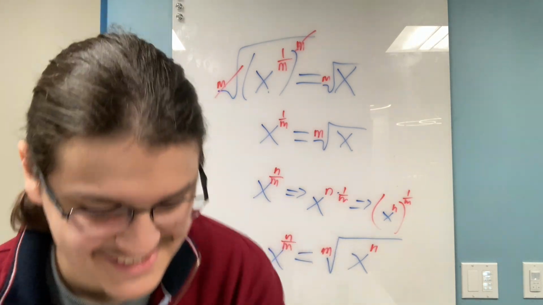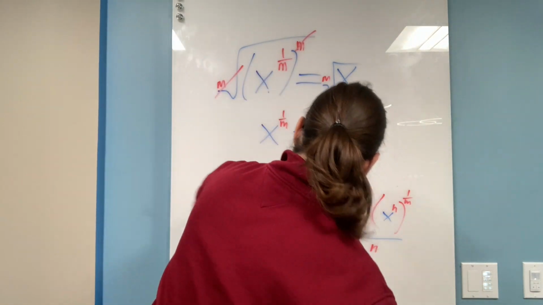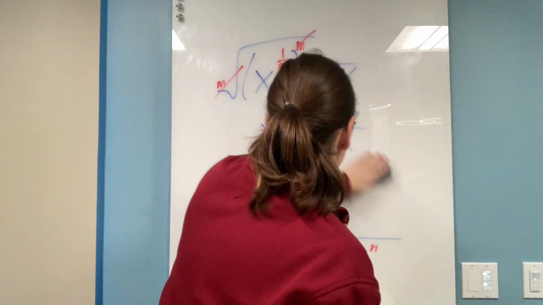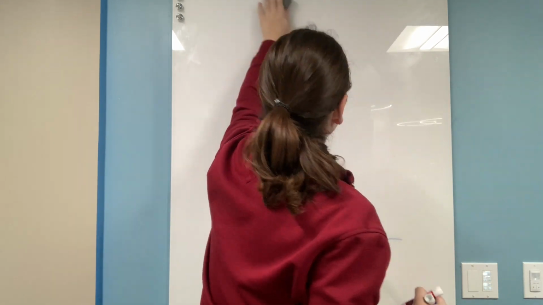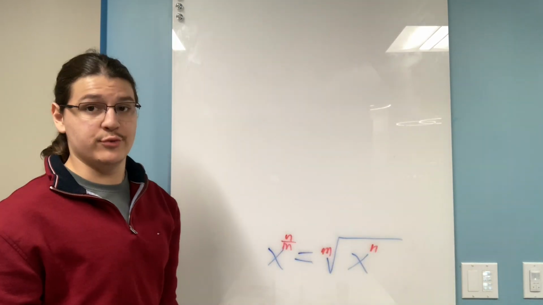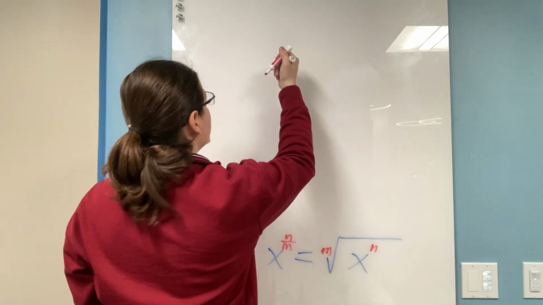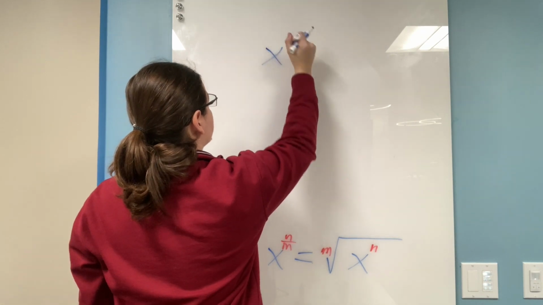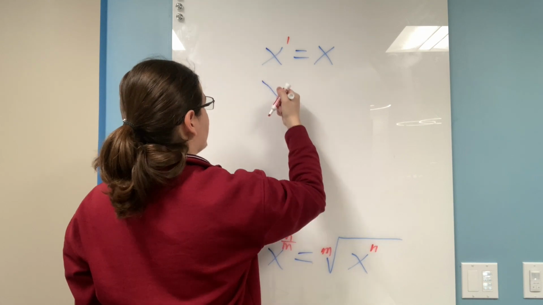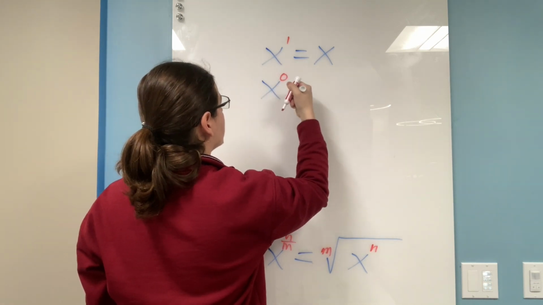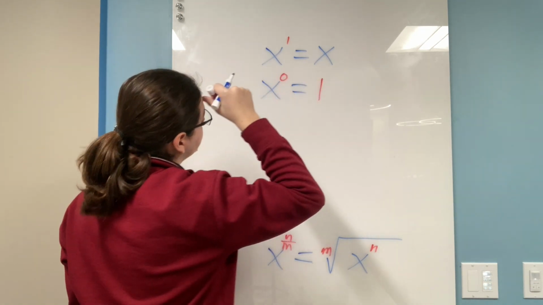Well, so to review, if we have x to the first power, that is just equal to x. If we have x to the 0th power, that is just equal to 1.